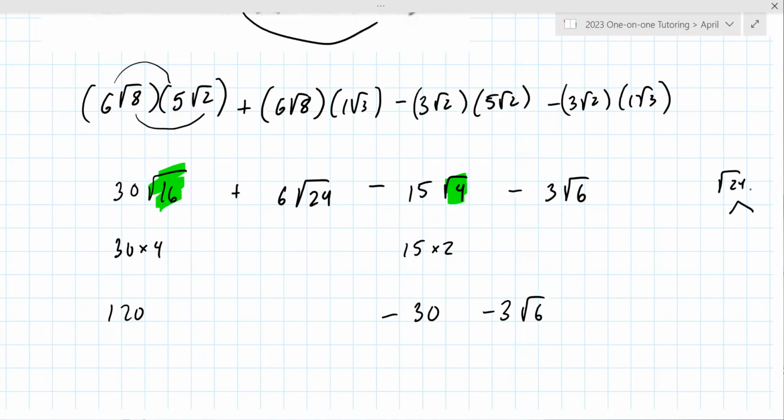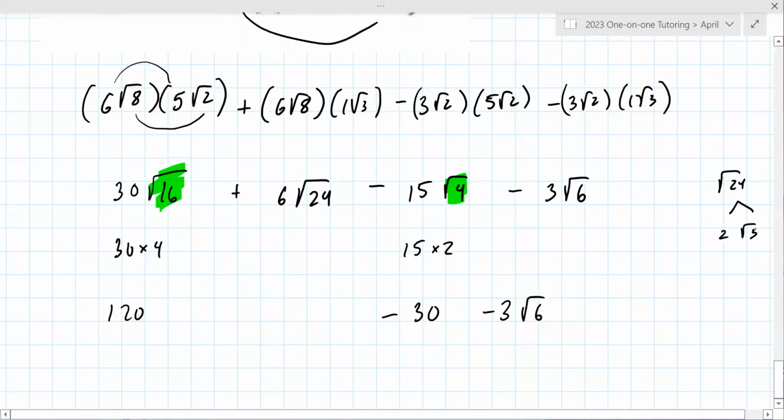I got 2 square root of 3. Close, really close here. So we've got 2 and 12, 2 and 6, 2 and 3. So the 2 definitely comes out, but anything that doesn't have a pair stays in the square root of 6, because 6 is the 2 times the 3.